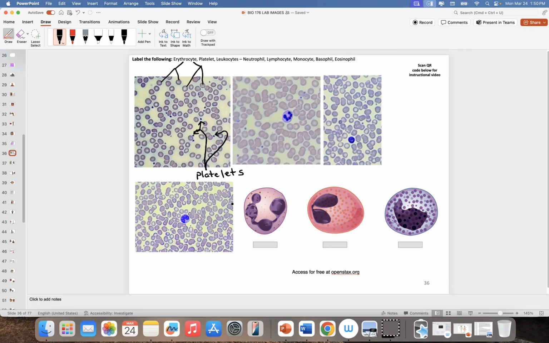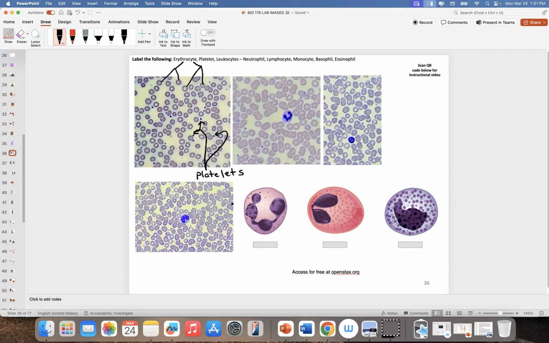We'll talk about all of these different white blood cells in lecture in order to discuss further what they do. Each white blood cell is going to have a different job, but overall our white blood cells are going to be important with the immune system.